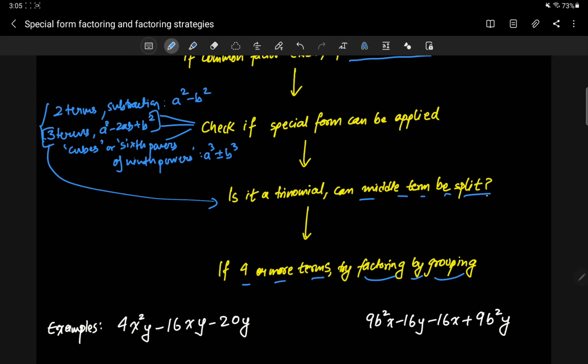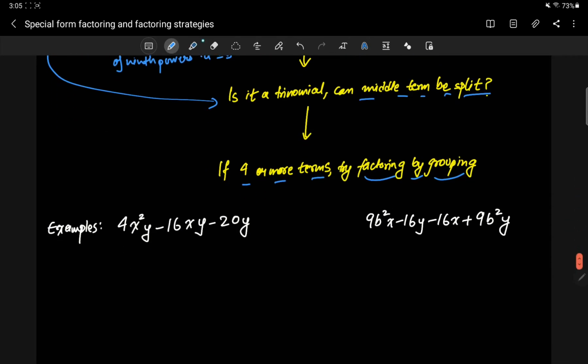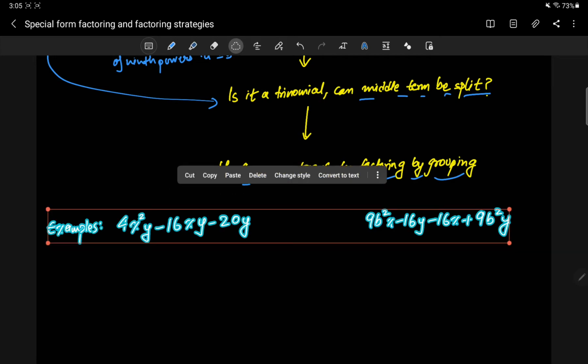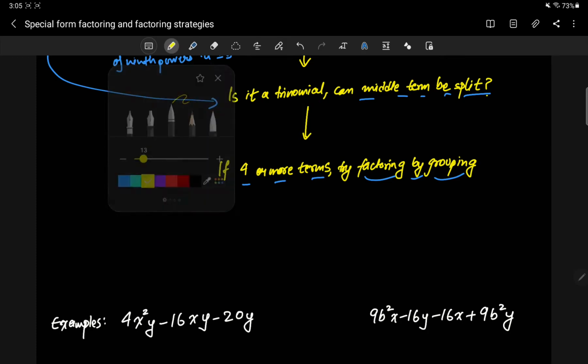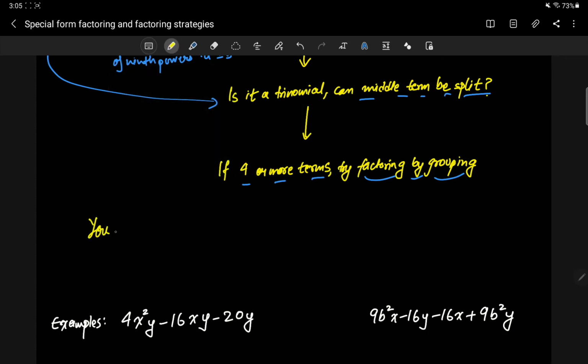But this, like I said, is not sure shot, because at times you may have to use a mixture of these strategies. But in general, it helps to think along these lines.